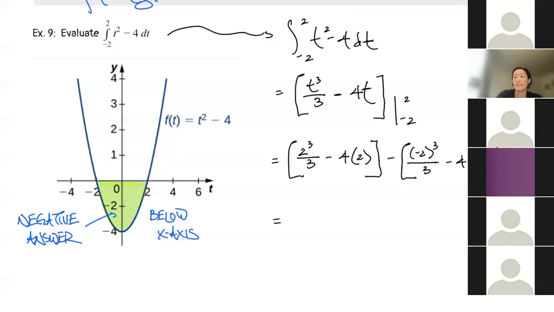All right. If I can give you one word of advice here, it is this: be very, very careful with your signs. Okay, one wrong sign could mean that you end up with an entirely different answer.